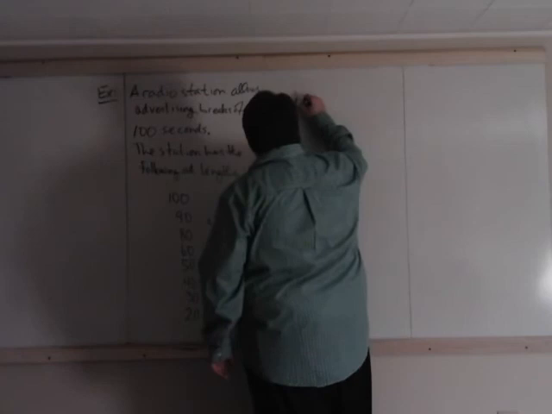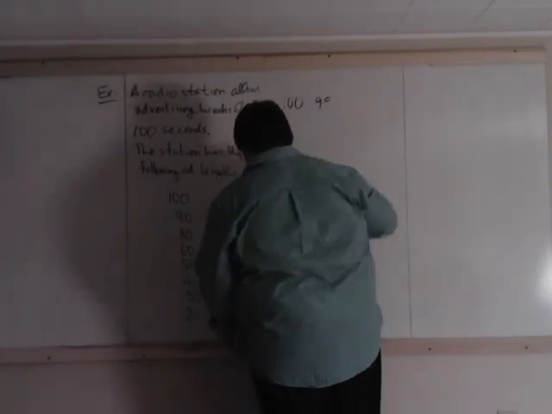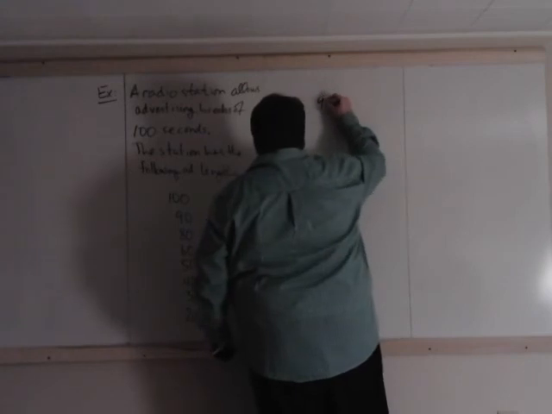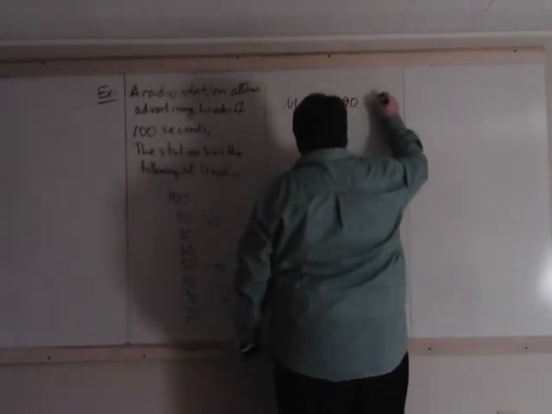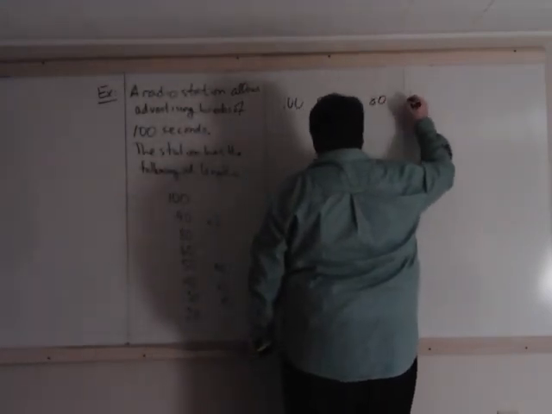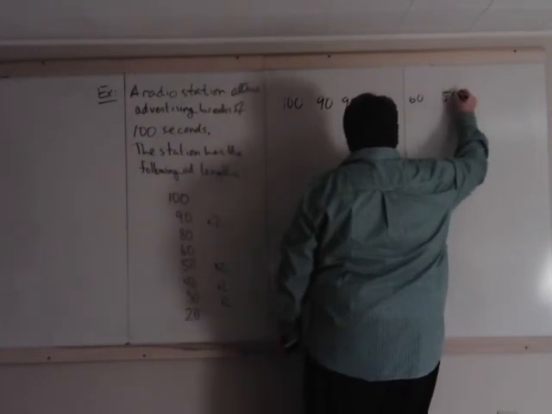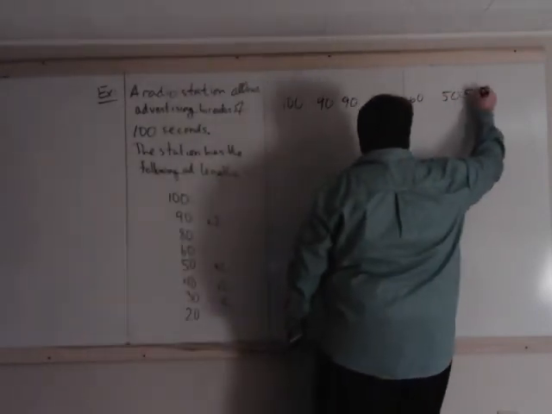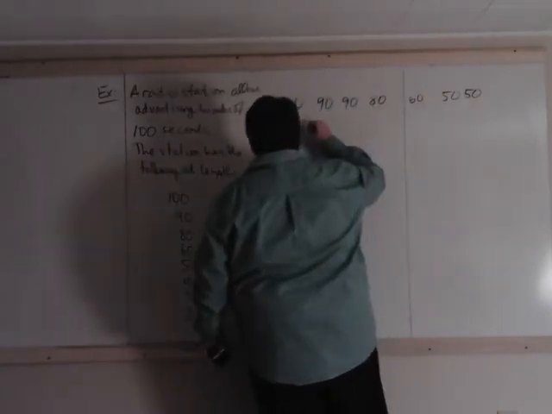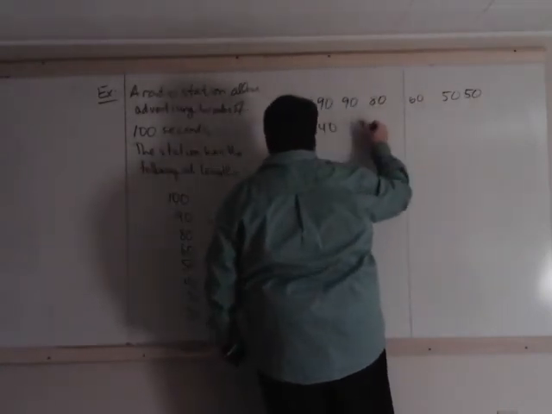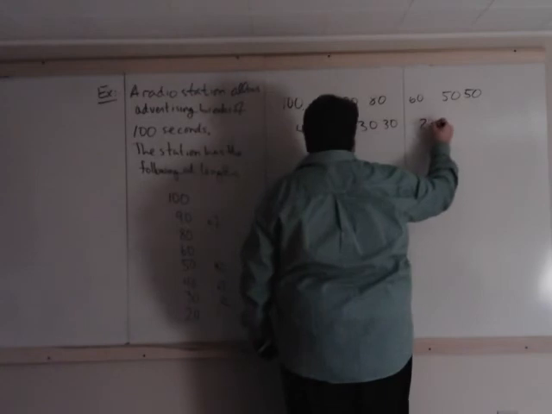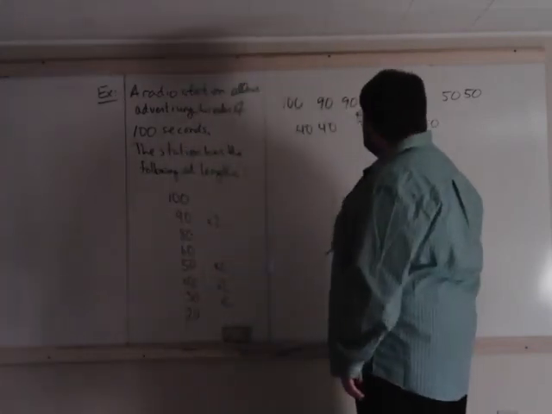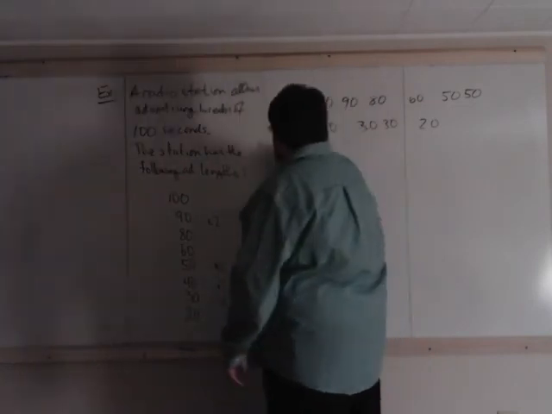We have 100, we have 90, we have another 90, we have an 80, we have a 60, we have a 50, we have two 50s, we have two 40s, we have two 30s, and we have a 20. But now we have 100-second blocks.